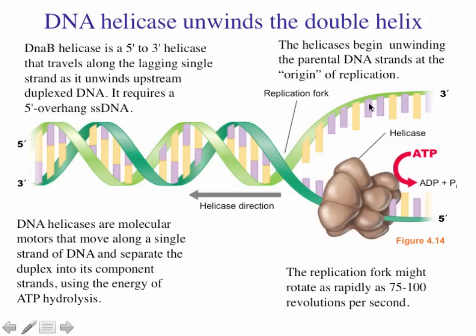So the leading strand, which is the one here on top, is going 5 to 3. So the polymerase in the top strand is going to be in the same direction as the helicase. The polymerase in the lagging strand, which is the one that the helicase is on, is going in the opposite direction. So helicase is on the lagging strand? Yes. That's the other way to think about it. Helicase has to go on the lagging strand.